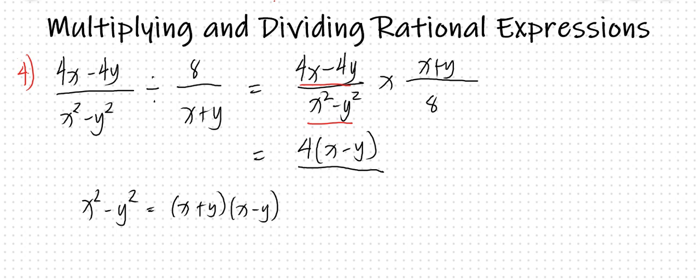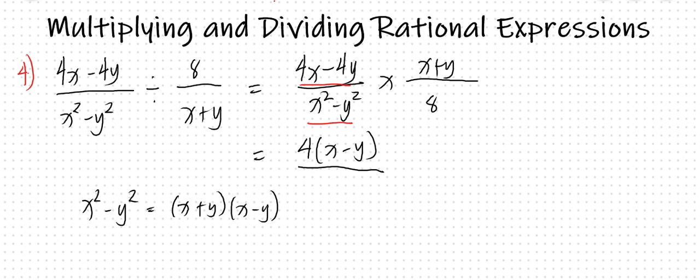Okay? So, using FOIL method, x times x, x squared, and then x times negative y, negative xy, x times positive y, that is positive xy, and then y times negative y, that is equal to negative y squared. Okay? So, again, ayun po yung factor form ni x squared minus y squared.